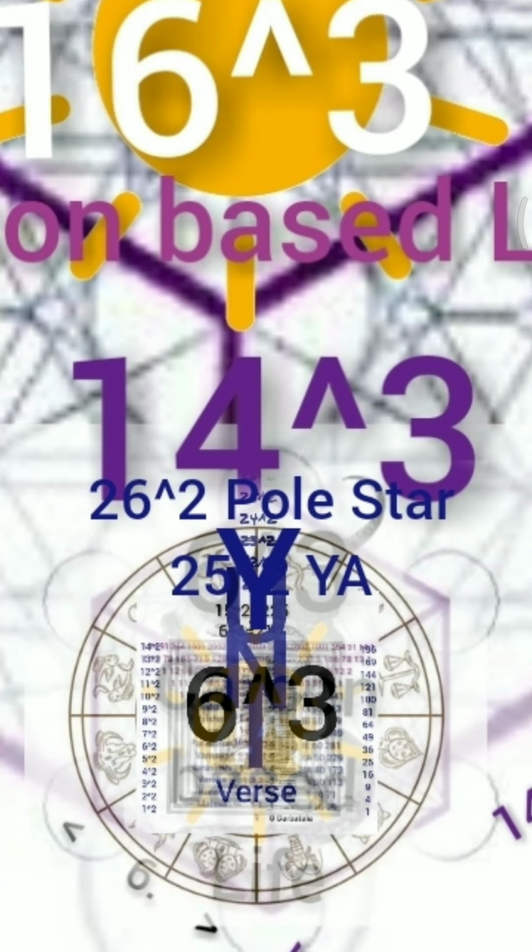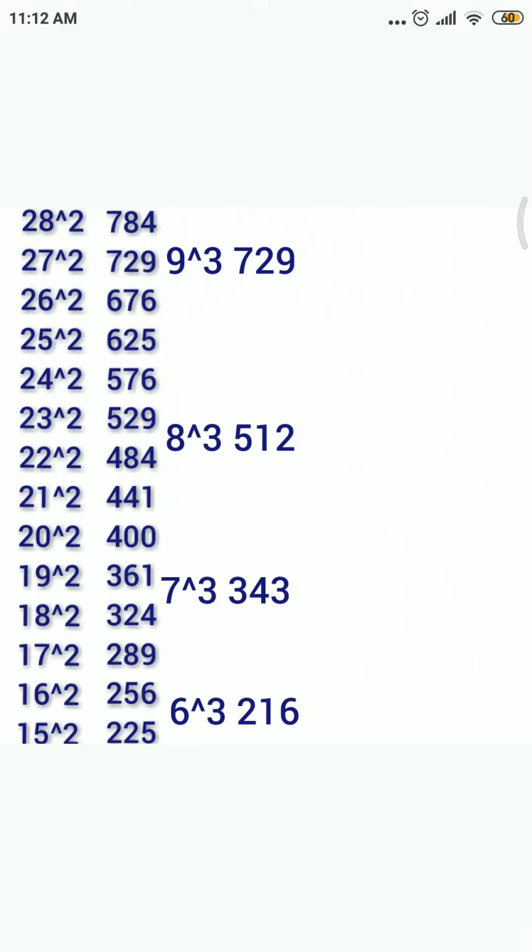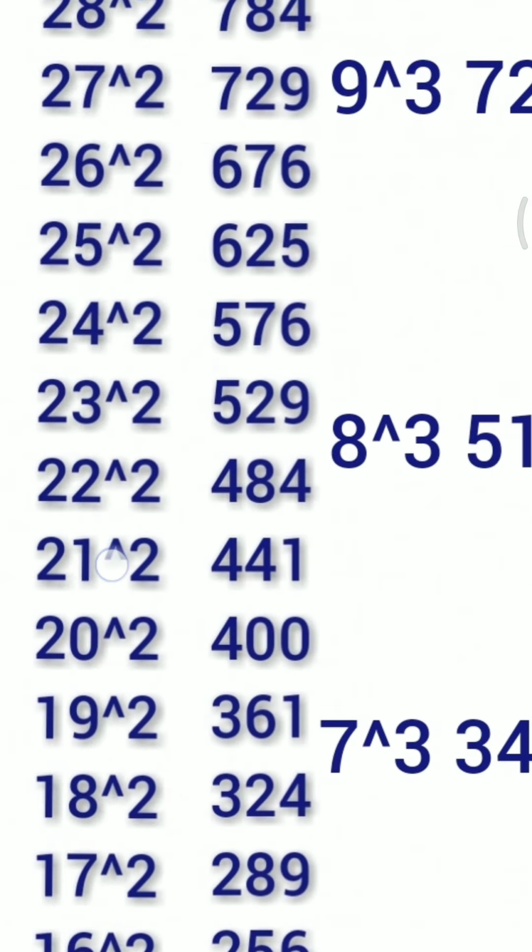So what is the shape of this universe, as we can call it? Why we can call it universe is, U is actually 21 squared. Let me show you here. U is the 21st letter.